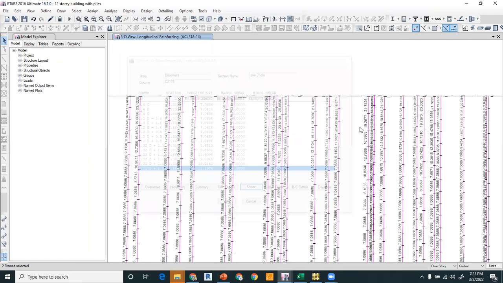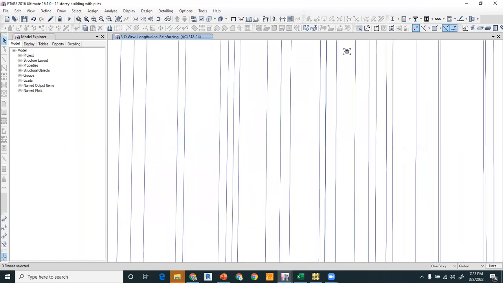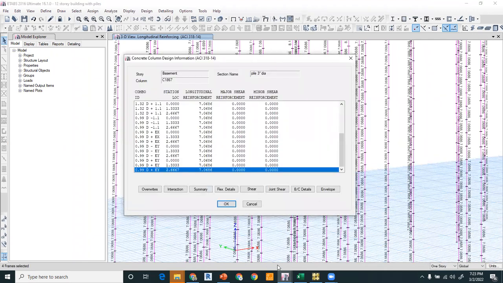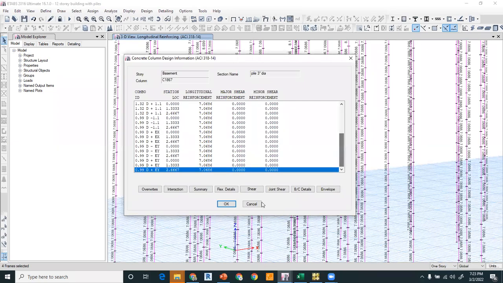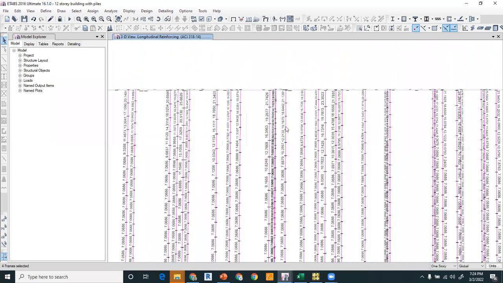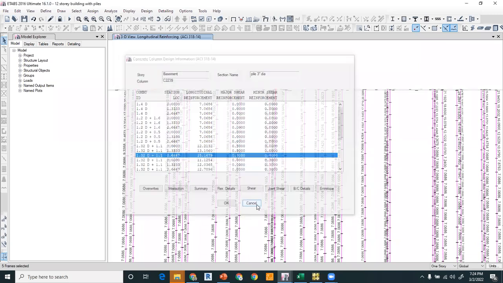So let us check at the top. So it is 0.3 inch square per foot. Let us check at the bottom as well. At the bottom there is none, because the shear reinforcement, if it is required, will be in the 1/3 length of the pile, which you have seen is asking 0.3 inch square per foot.